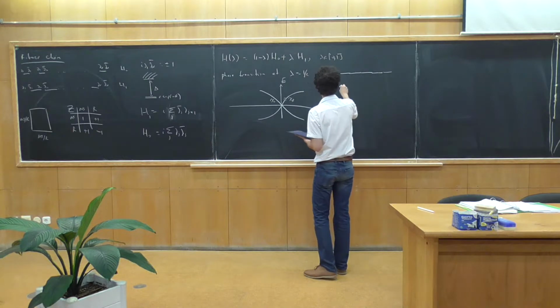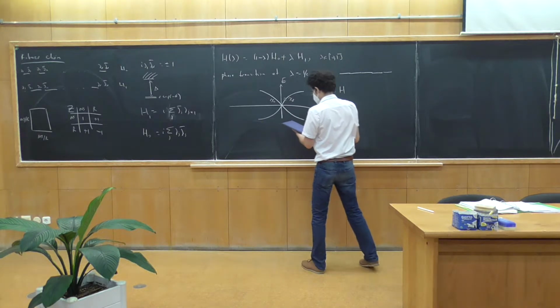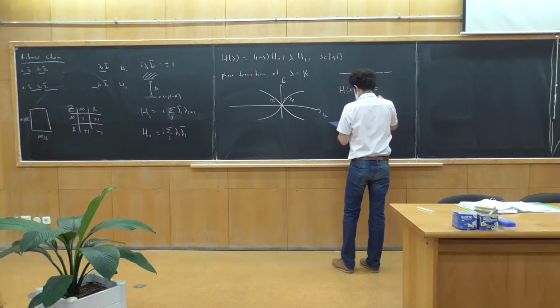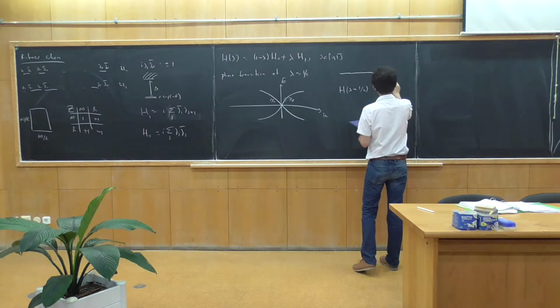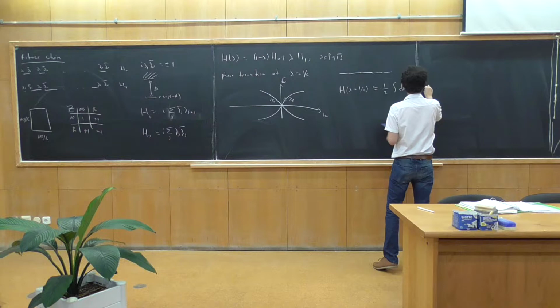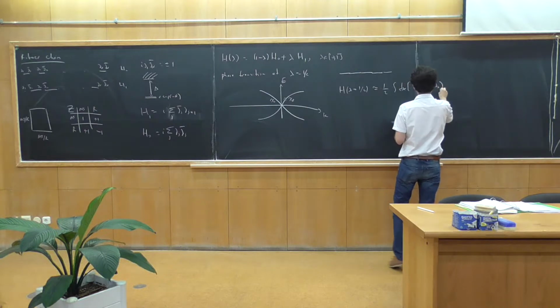So the low energy Hamiltonian at lambda equal 1/2 is just this.